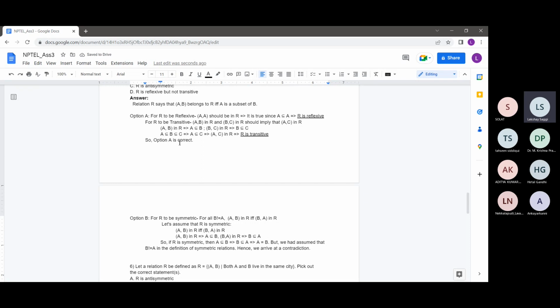So basically, the step we have taken is we have assumed some B which is not equal to A, and let's assume that R is symmetric.